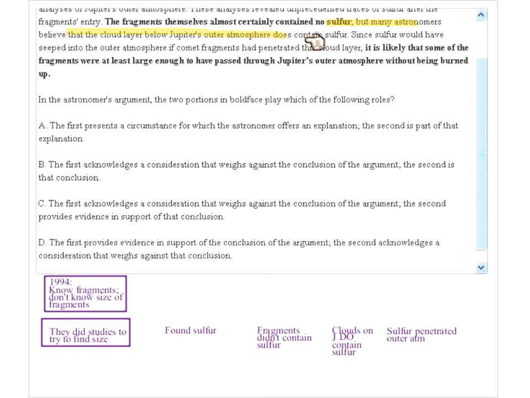That's where they set that up here. The analysis revealed traces of sulfur in the outer atmosphere. In fact, these are basically the same statement, so we actually don't need that one anymore. Therefore, the comet's fragments must have been big enough to pass through the atmosphere.